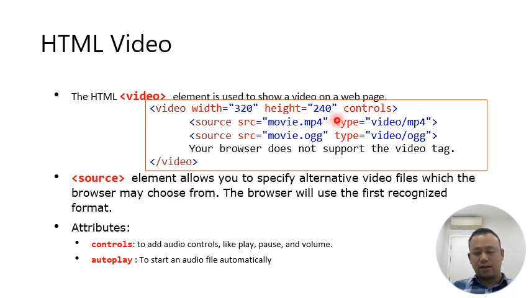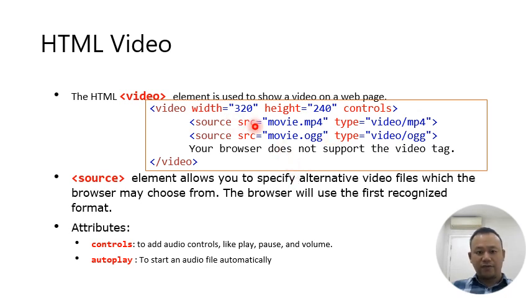Controls, when added, displays playback controls like play, pause, and volume for the video. And source: this tag specifies the video file to be played and its format using the source attribute.